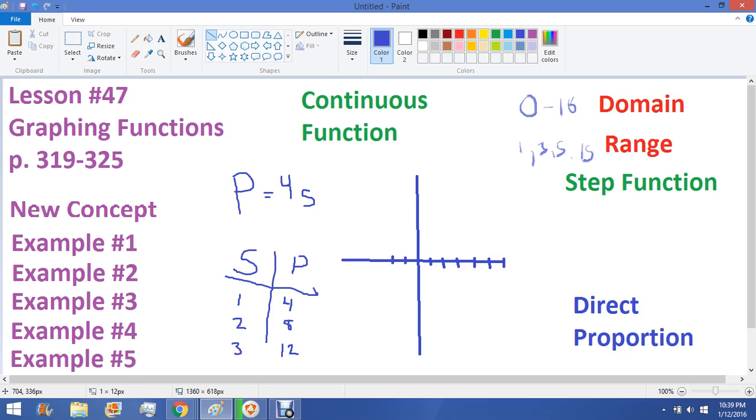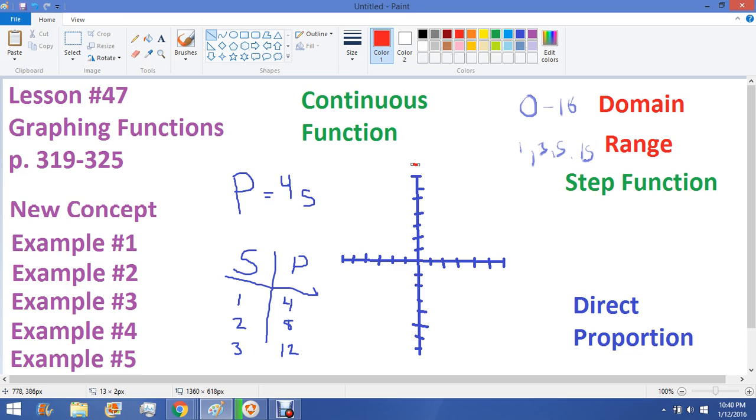X-axis negative, -1, -2, -3, -4, -5, -6. Y-axis positive, 1, 2, 3, 4, 5, 6, 7. I think I'll put a couple more up here, just so I'll have enough for a line.